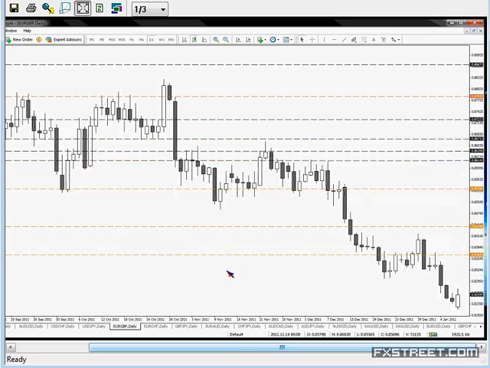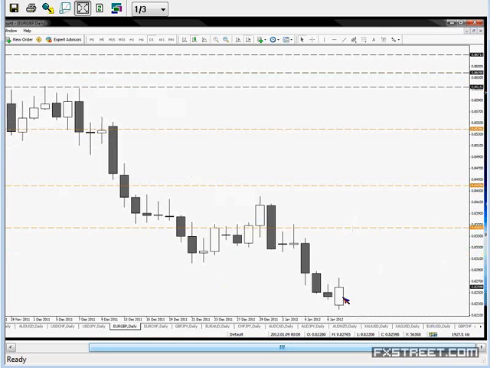The euro pound has not completely, we have about an hour and a few minutes for this candle to close. If this candle could close way up here near the high, that would be a really interesting candle to me and a possible buy signal. But if it closes down where it is now, which is nearing the midpoint of the candle, then I'm not interested in this trade at all.